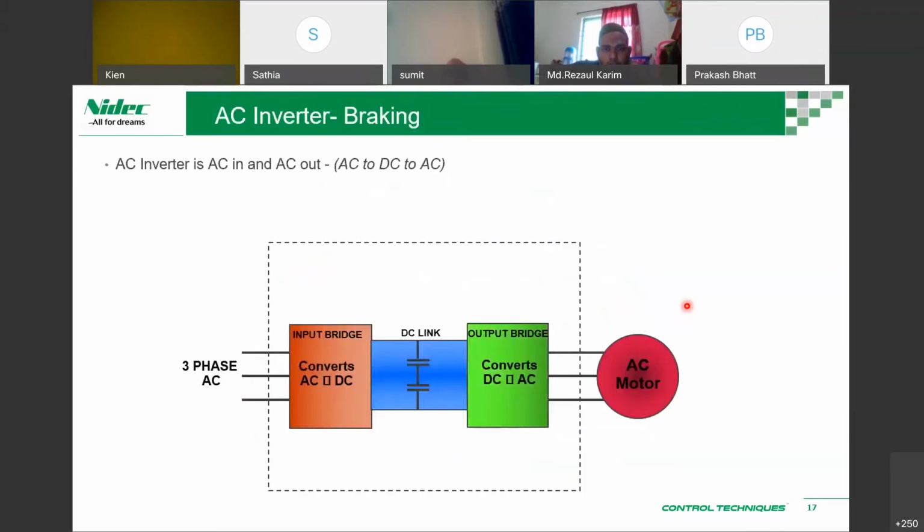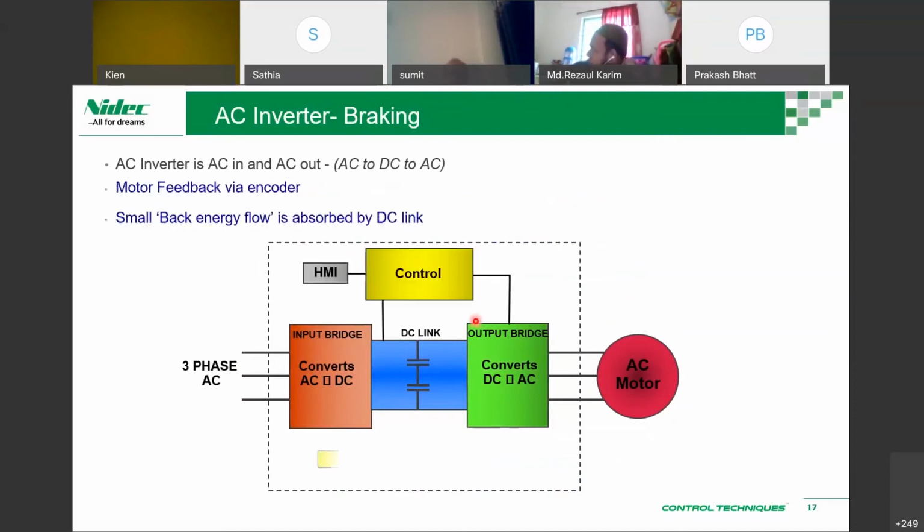Okay, so we'll have a quick look at braking, inverter braking. We've been talking about the energy flow this way. We have input here, we get output here. The energy goes from here to here. We have a power generation, power supply, whatever it is.